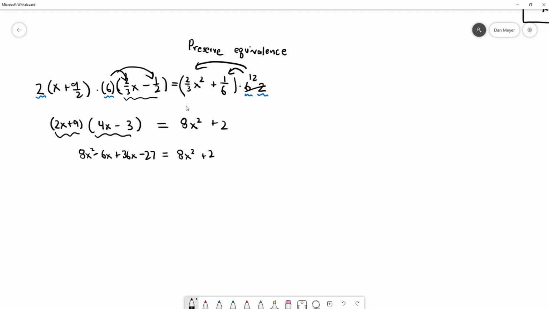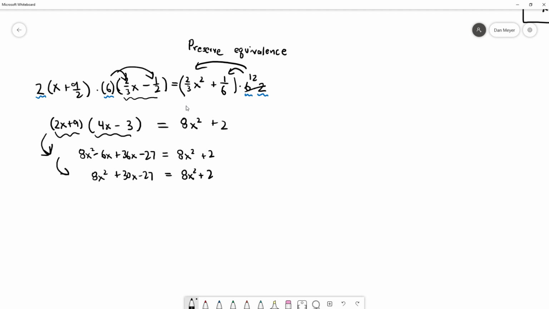So moving from here to here, we just FOILed out. That's basic algebra. Combining like terms is another example. So I got 8x squared plus 30x minus 27 is equal to 8x squared plus 2. So again, basic algebra. Doing basic algebra on one side or the other of an equation preserves the equivalence.